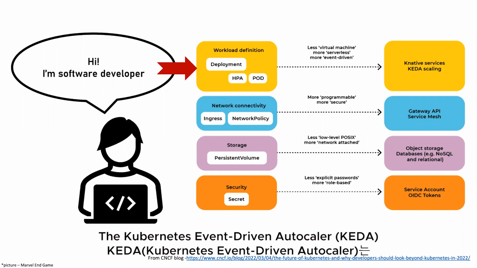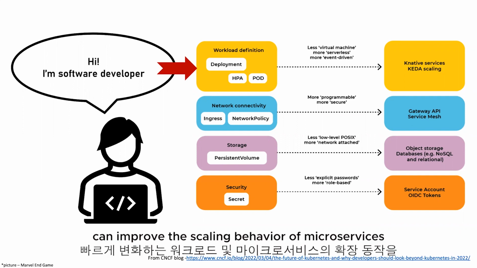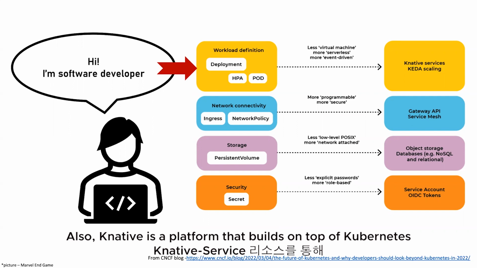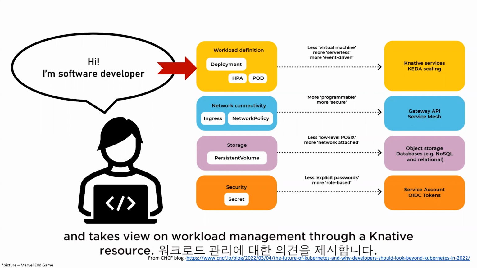The Kubernetes event-driven autoscaler, KEDA, can improve the scaling behavior of microservices and rapidly changing workloads such as functions. Also, Knative is a platform that builds on top of Kubernetes and takes an opinionated view on workload management through a Knative service resource.